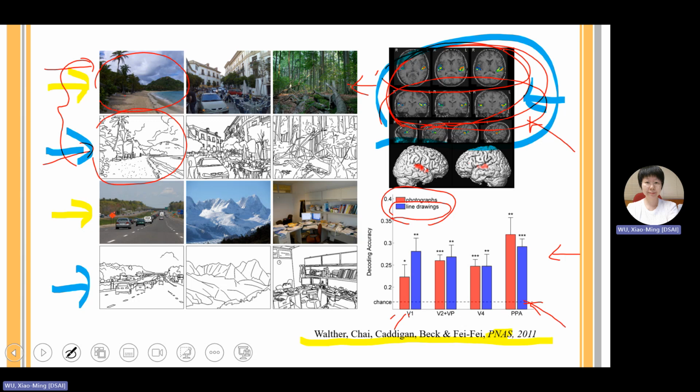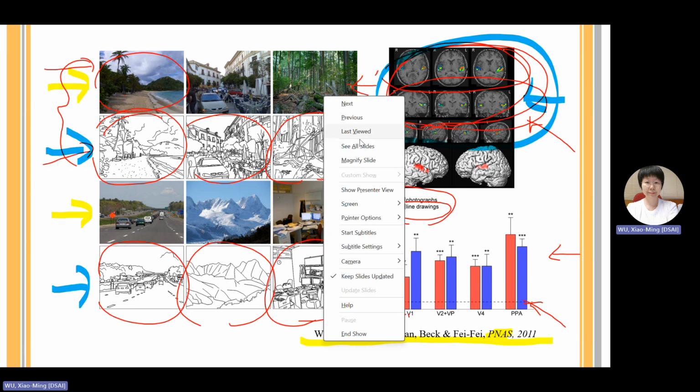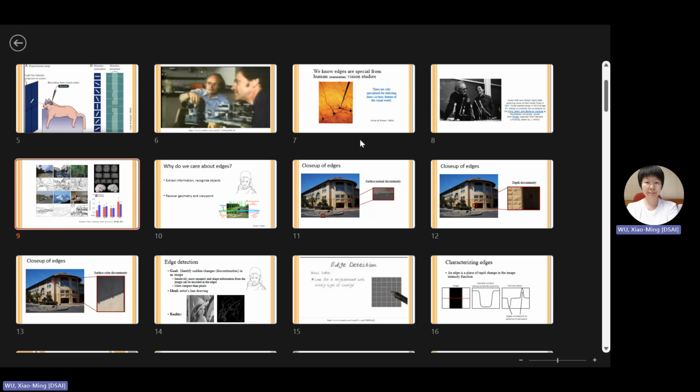Okay, and this again shows that the line drawings contain a significant amount of semantic information. So it actually contains a lot of the semantic information. So that's why we want to do edge detection. We want to extract the edge information from the images.